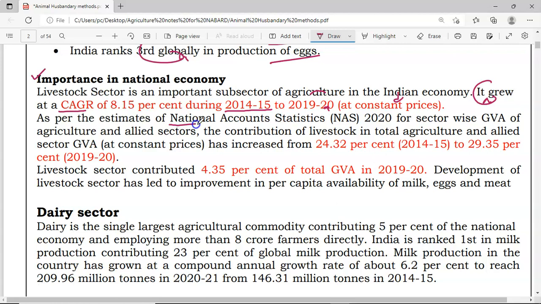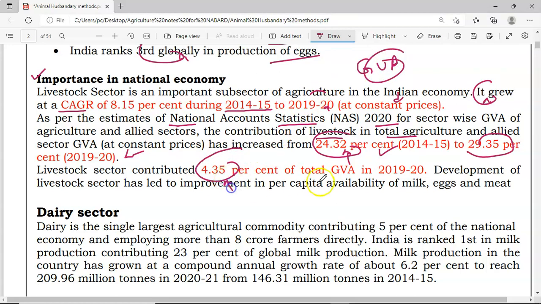As per the National Account Statistics 2020, the contribution of livestock in total agriculture and allied sector has increased from 24.3% to 29.35% in 2019-20. In the whole GVA, this sector alone contributes 4.35% in 2019-20.